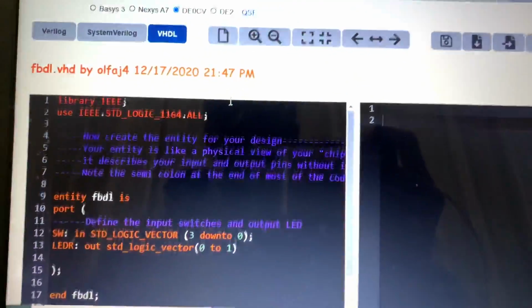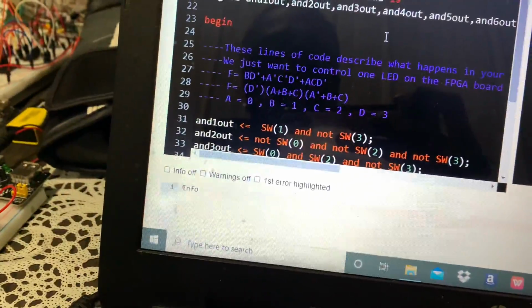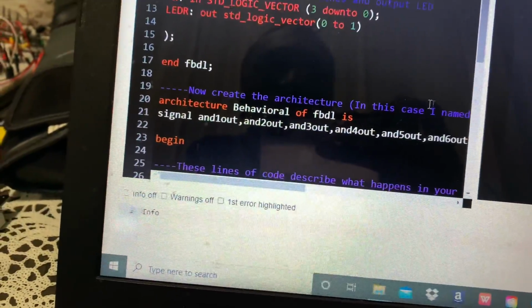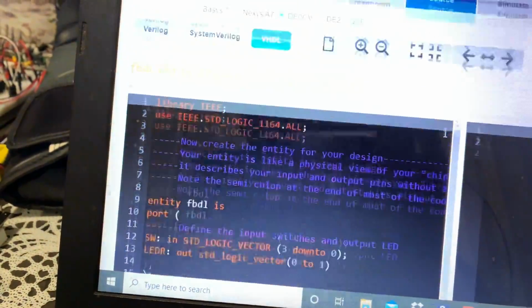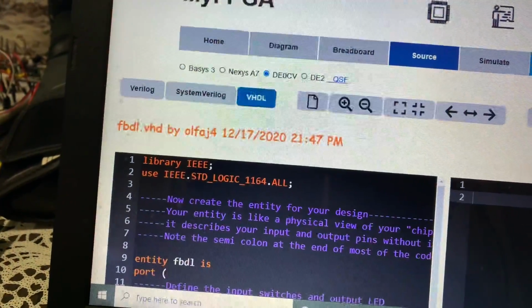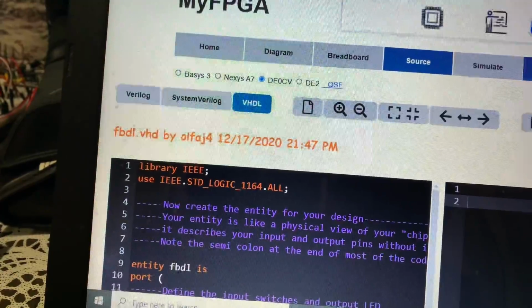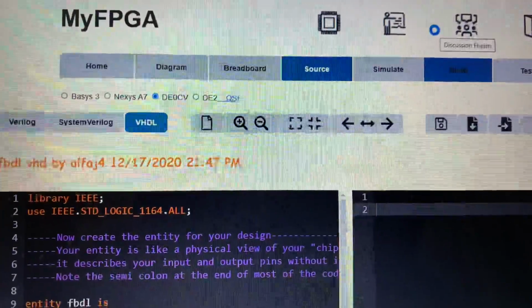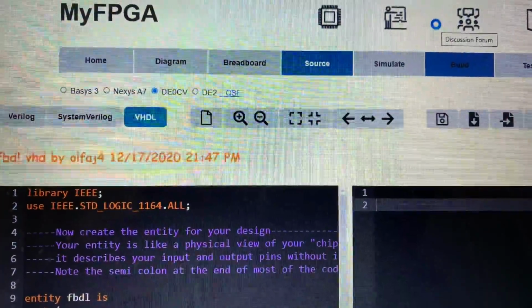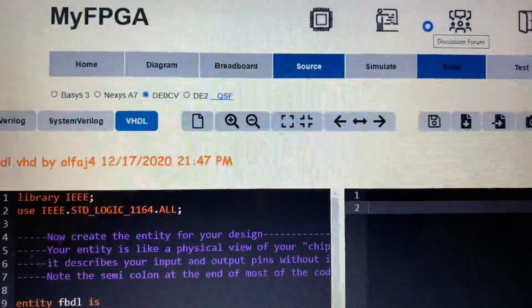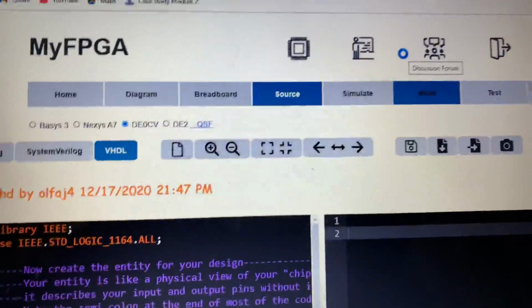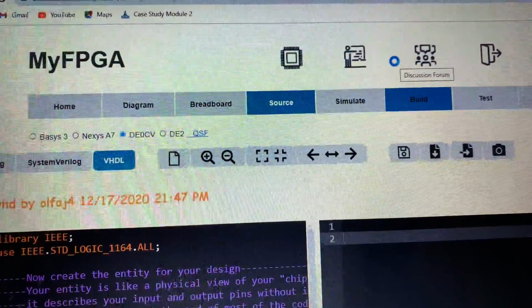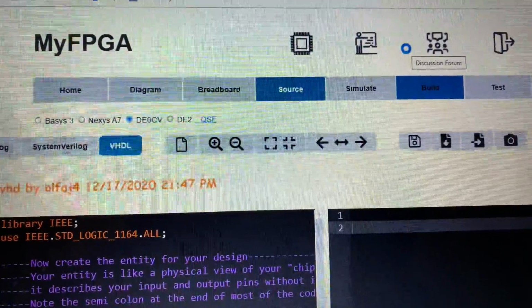After source, I copied it from Quartus to source. Then once you're done with that, build. So build is kind of taking a while.